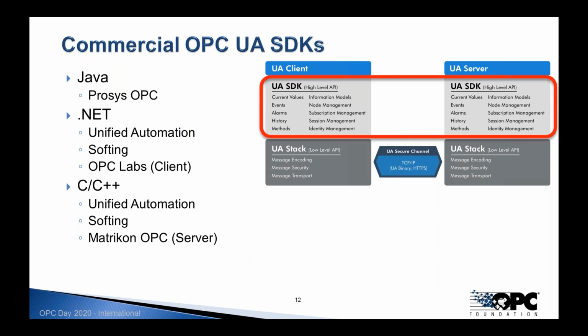We have Process OPC, Unified Automation, Softing, OPC Labs, Unified Automation again for the C, C++, and Softing, and Matricon OPC also for the C, C++ SDKs. But there are other SDKs in the market as well, and you need to check which one fits best for your needs, which has the best support for the profiles you need, and so on and so on.